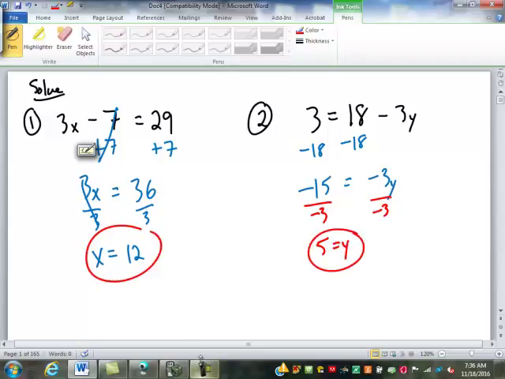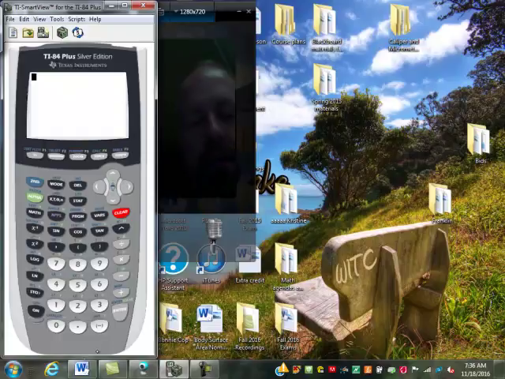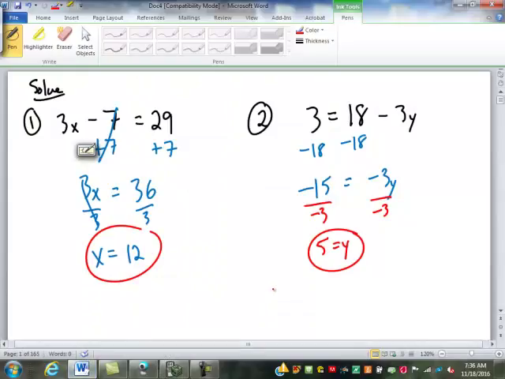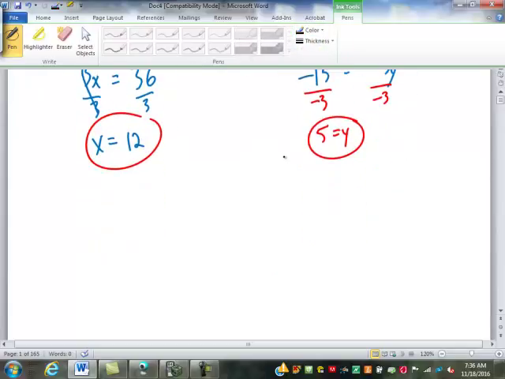Those look familiar? How many of you have experience solving equations like that? Okay. Basically what's going on is you have a variable equals a number, and that's where all equations start.